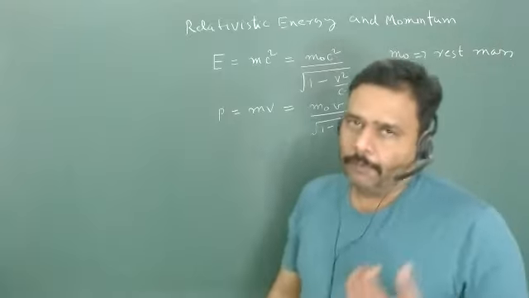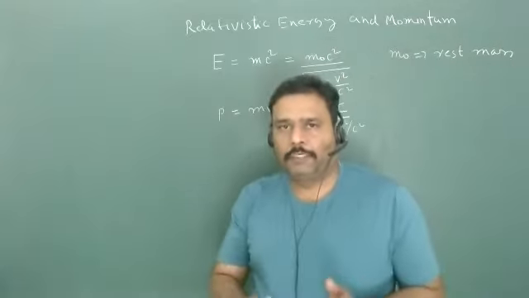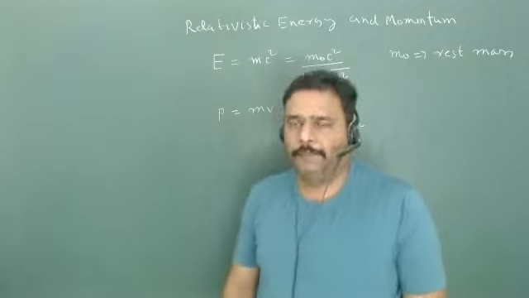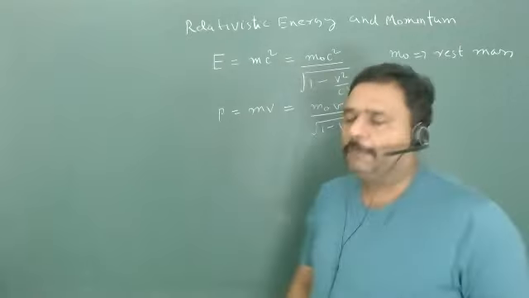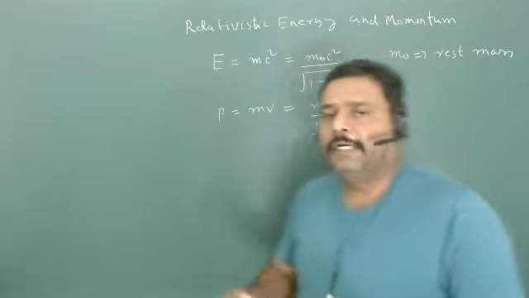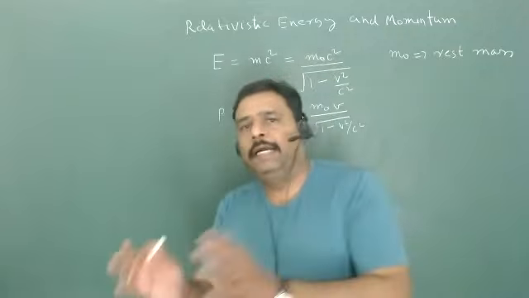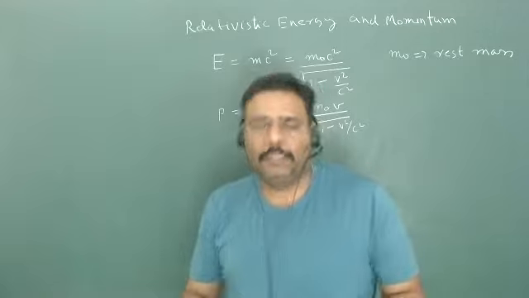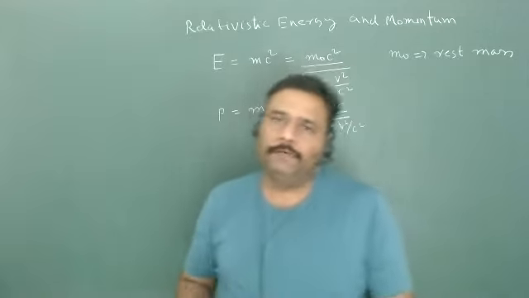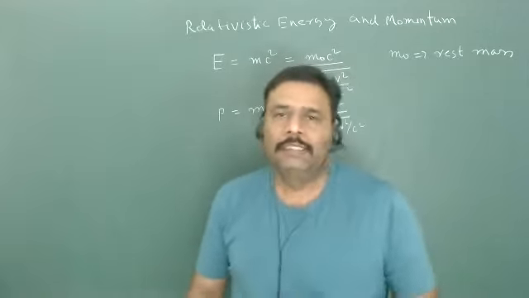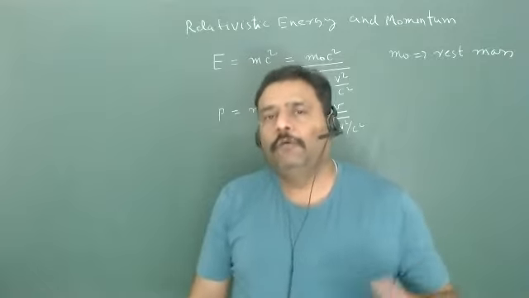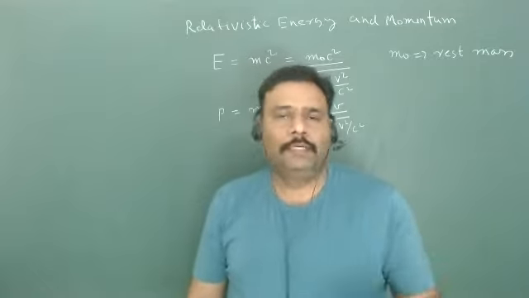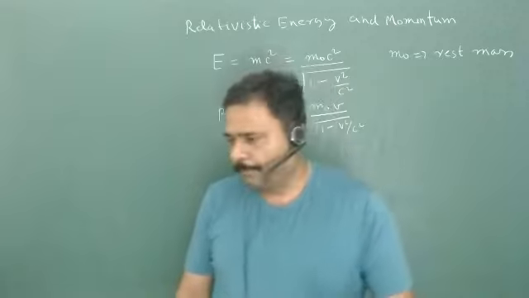When I talk about the speed of the particle, I am just talking about its magnitude. And obviously we are talking about the relationship between the observer and a particle whose rest mass is m naught, which means the relative speed between the particle and the observer.